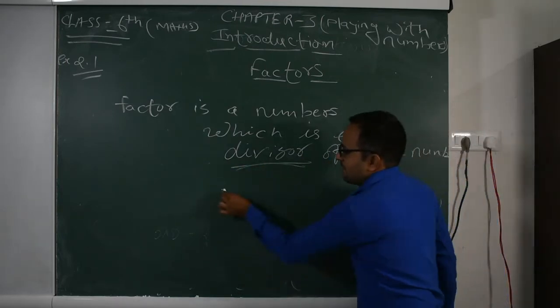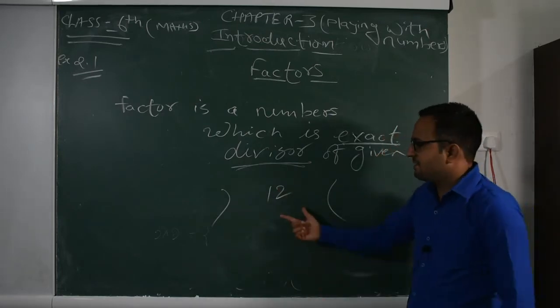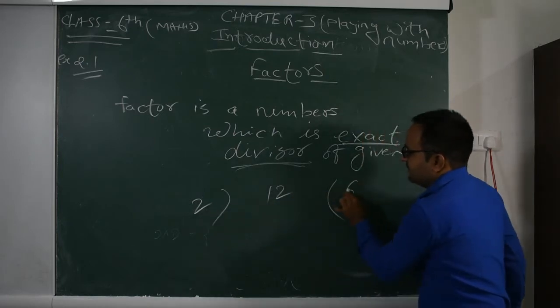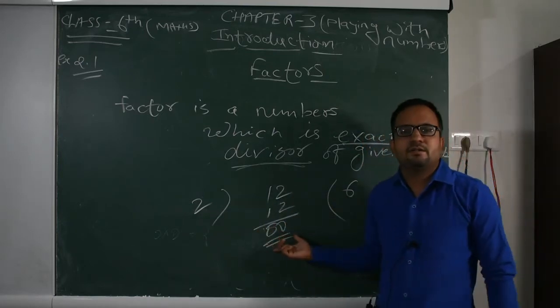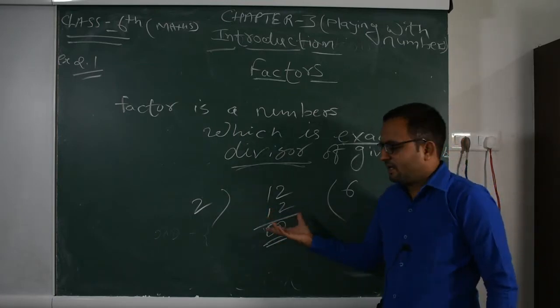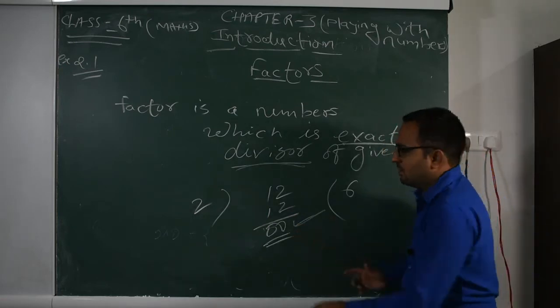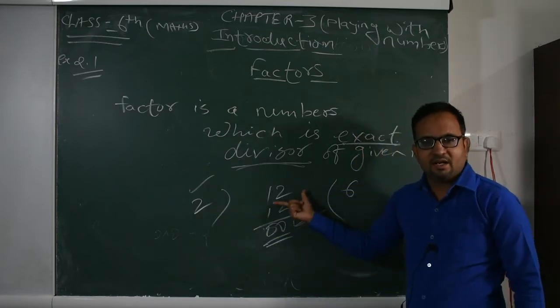That means if you want to divide any number, 2 sixes are 12, we get remainder 0. So we call 2 an exact divisor of 12.